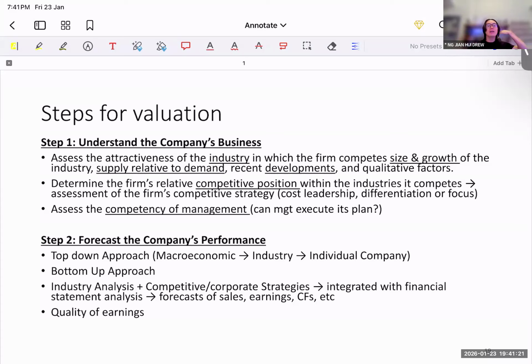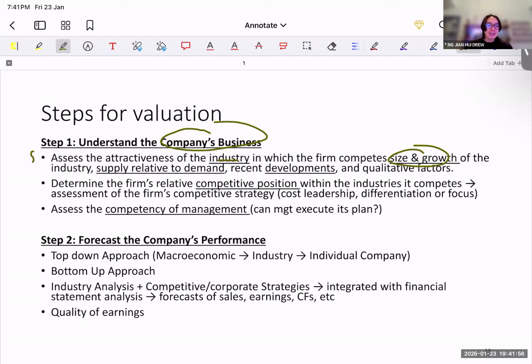So the first step is to understand the company's business. Really looking at the company and the macro environment, and trying to understand things like what industry the company is in, what the size of the company is versus its peers, and whether there are any developments or changes in the market that would allow you to assess the company's future performance.